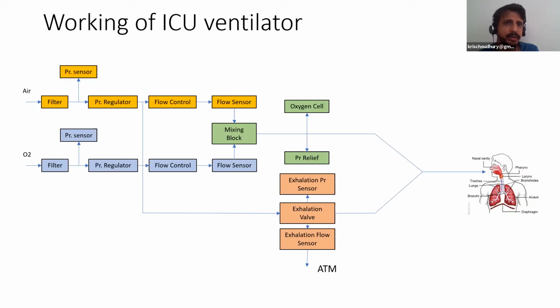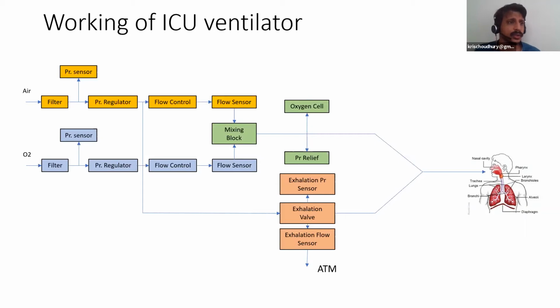Sending less oxygen means the patient doesn't get enough oxygen and he gasps. And if more oxygen goes to the patient, that also leads to a lot of medical complications. It ends up burning the trachea or the bronchi, and an excess amount of oxygen also causes a lot of damage to the human body.